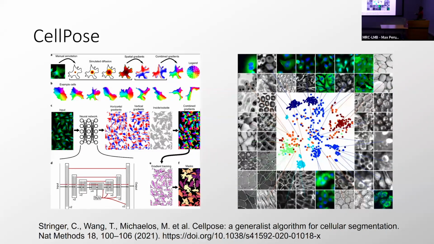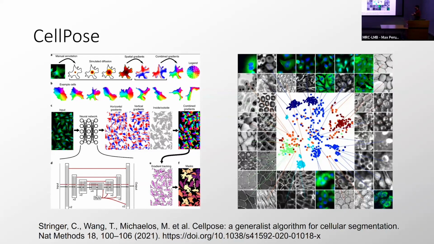What it does is again a UNet, but the input will be these two channels, not only one channel. The output will be three images. You can see three.